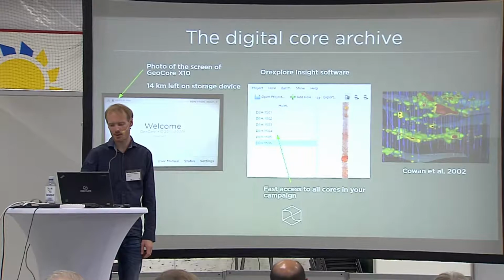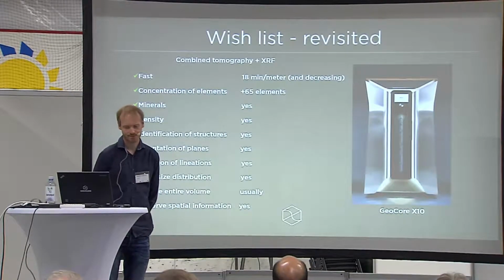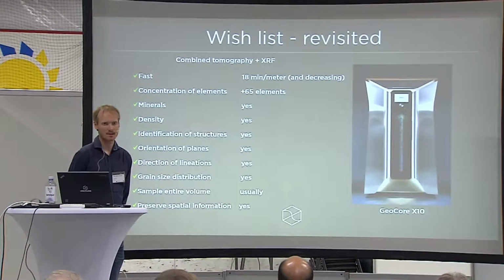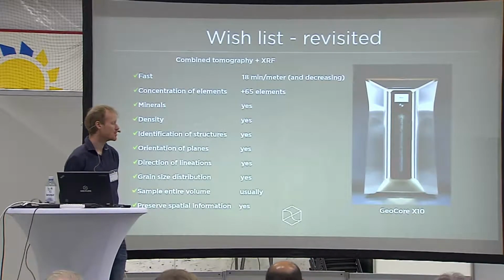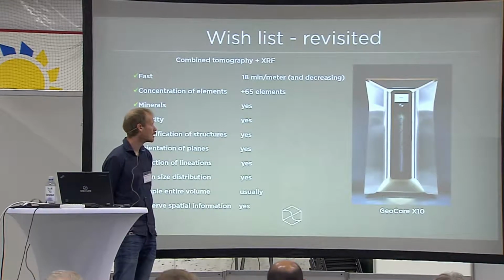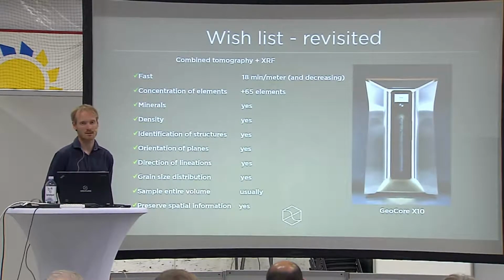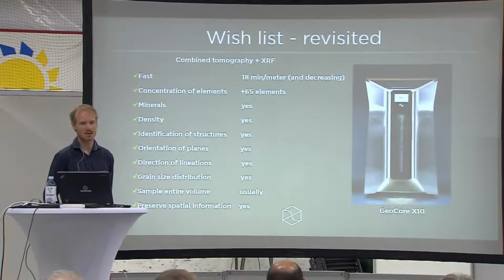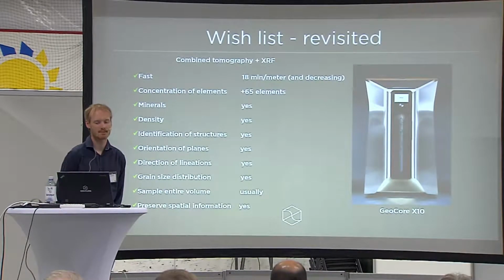So back to the wish list. Orexplore's combined tomography and XRF technique using the Geocore X10 can scan cores. The standard scanning time is 18 minutes per meter, and it's decreasing without altering the quality of the data.